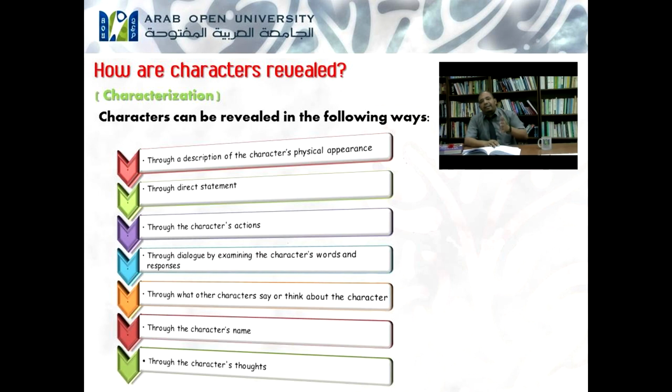The writer tells us straight that the character is, I don't remember the exact words that the writer used, but at one point he told us that this guy is crazy and inexperienced. This is direct, and if it is this direct, it means that this is, of course, explicit characterization.